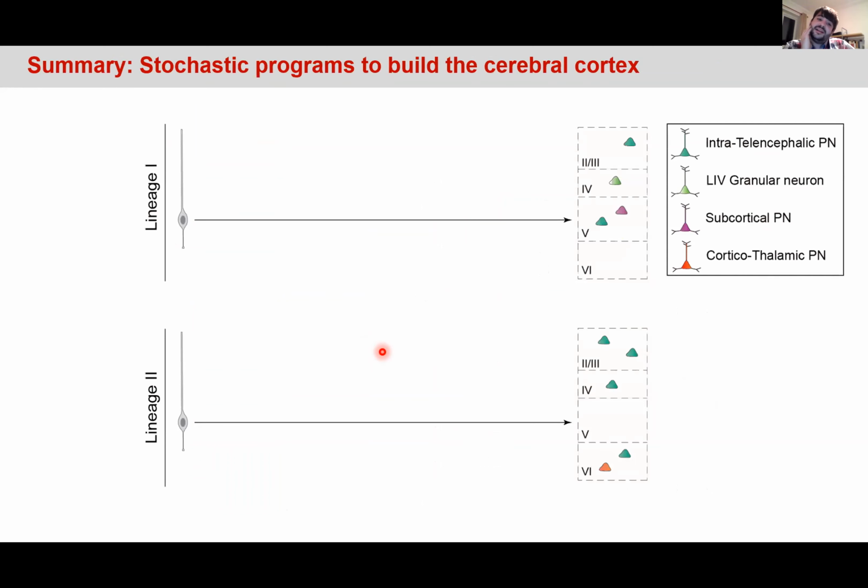So this is just my summary slide. What we have been proposing today is that what we have been observing in our experiments is that the output of individual radial glia cells seems to be extremely heterogeneous in both the number and the cell identities they produce. But this does not necessarily require the existence of different progenitor pools that are somehow engineered to produce this kind of output.